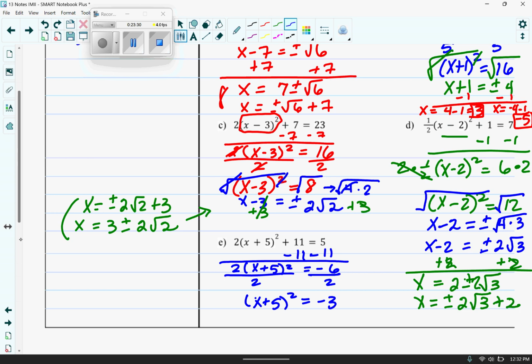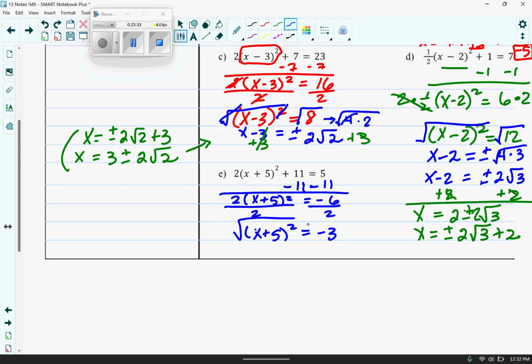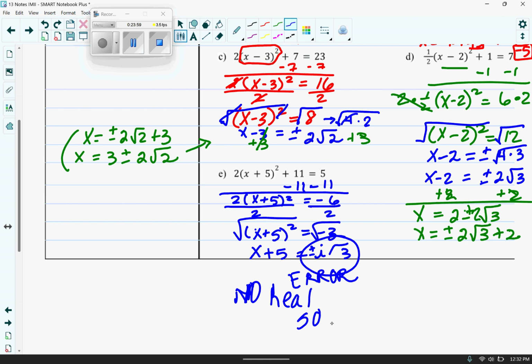When I take a square root of both sides, I'm going to get x plus 5 equals, well, I can't do this, so actually this would be i radical 3 plus or minus, which basically, when you do this, you get an error. So no real solutions.